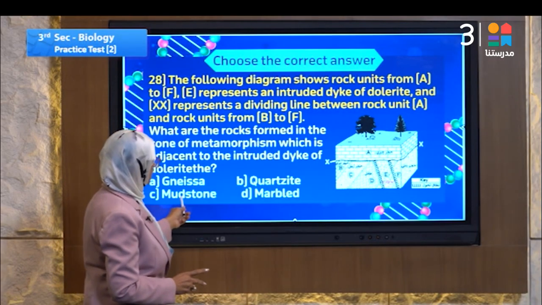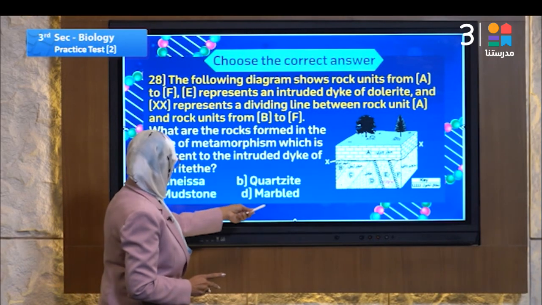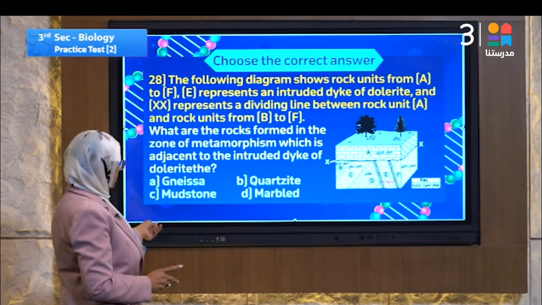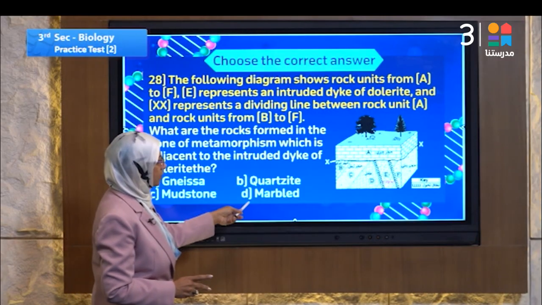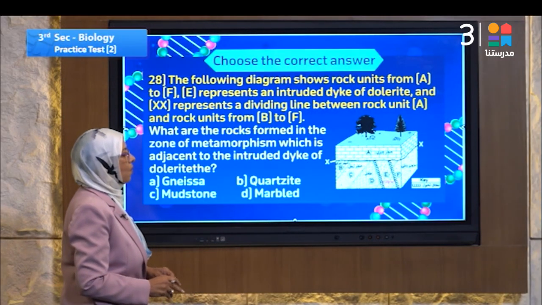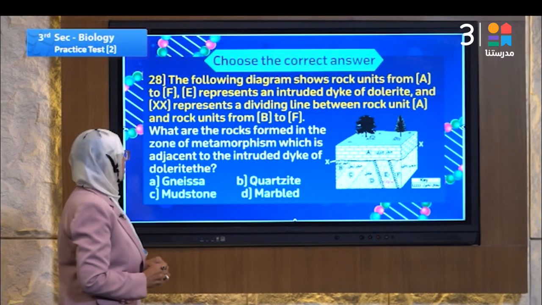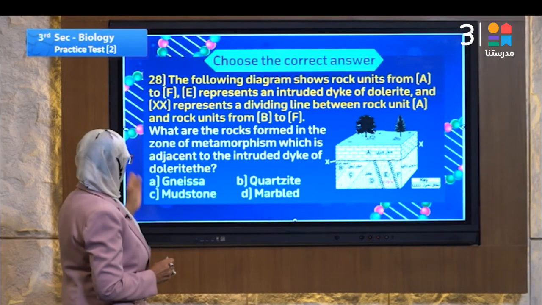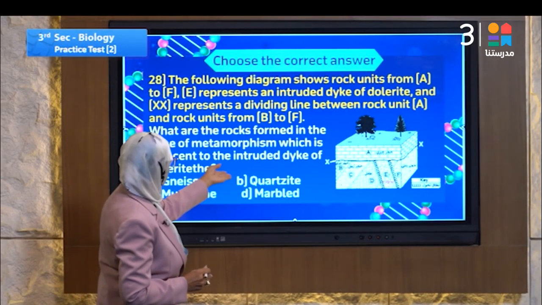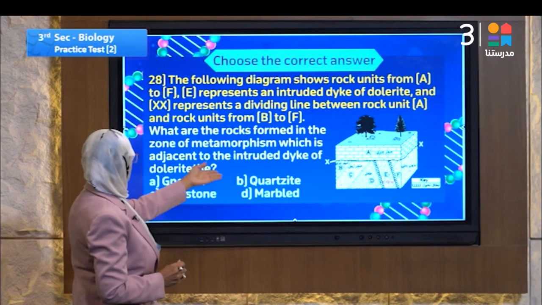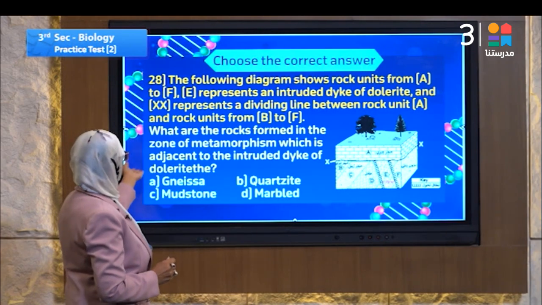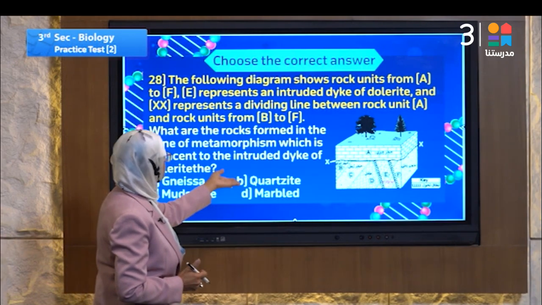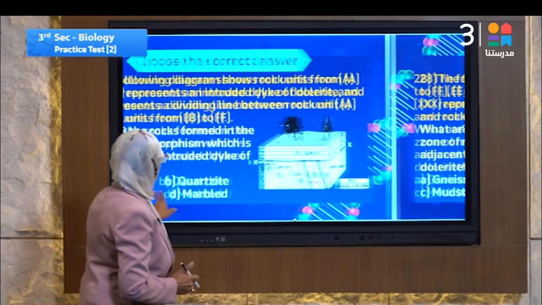Options: quartzite, mudstone, marble. So, which of them will be in the zone of metamorphism adjacent to the intruded dike of diorite?